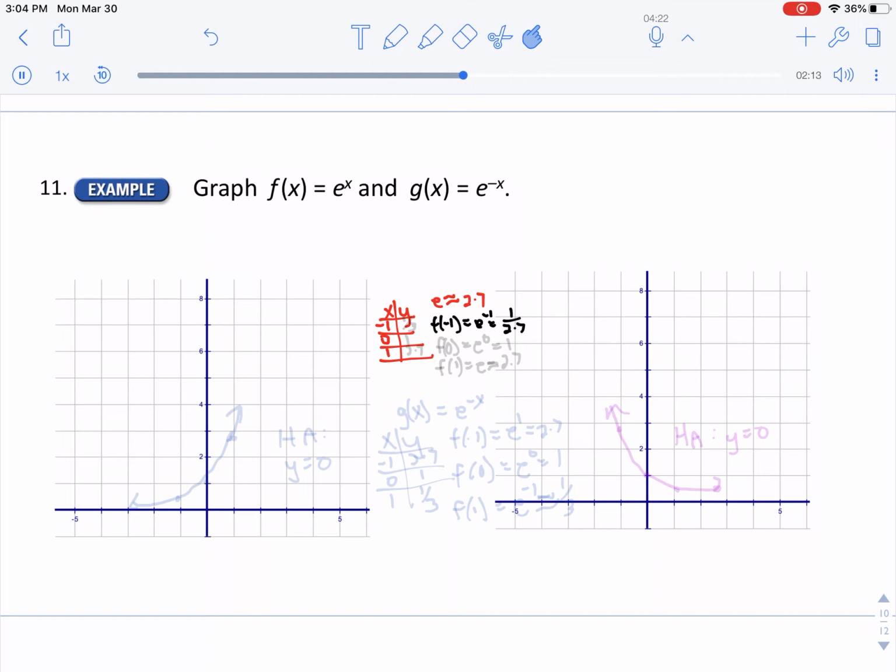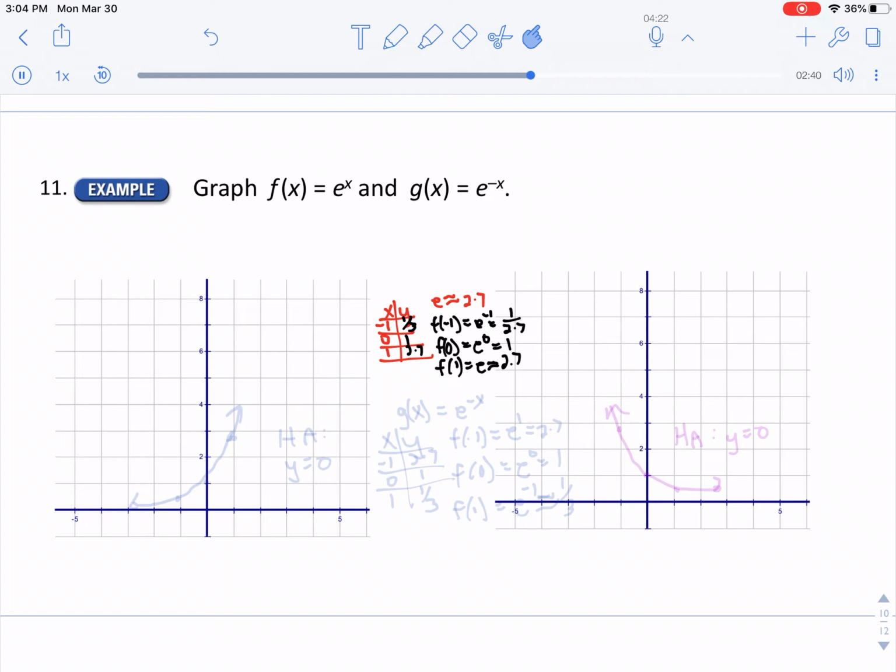Well, we can't graph that, but isn't 2.7 really close to 3? So we're going to put 1/3 in our t-table. And then f of 0 would be e to the 0 power, and anything raised to the 0 power is 1. And then f of 1 is e, and e is approximately 2.7. So there's our t-table. Now let's go graph these.